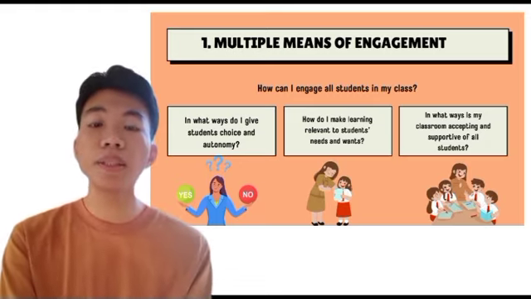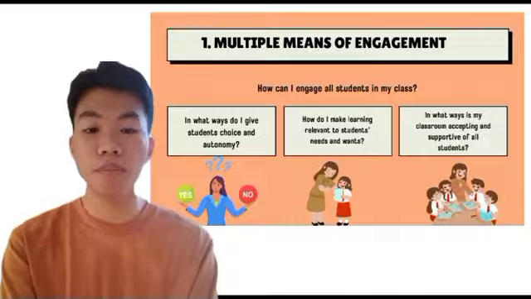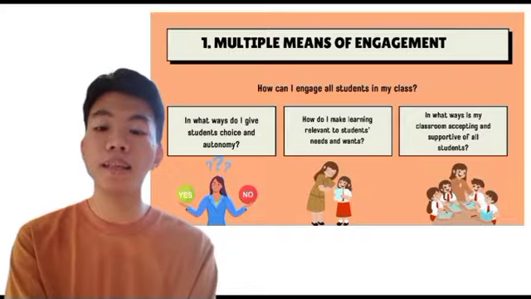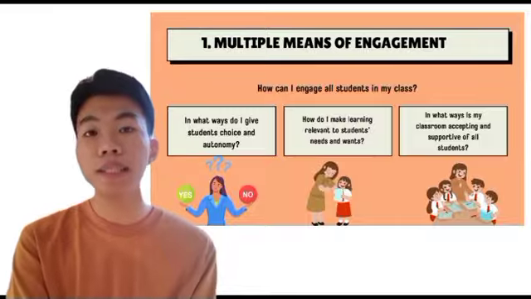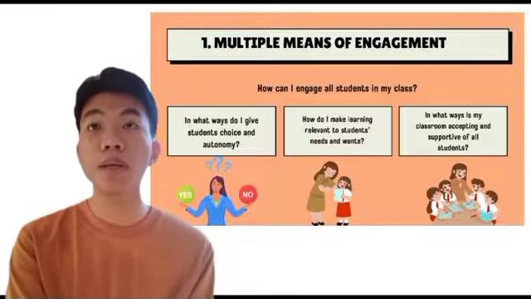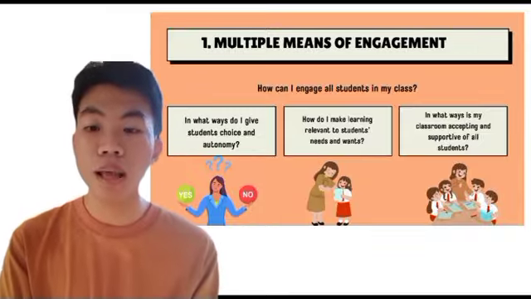So in this principle, we can engage all our learners by providing choice and autonomy, optimizing relevance, and minimizing threats and distraction. For example, instead of just reading textbooks, we might use videos, group discussions, or hands-on projects.